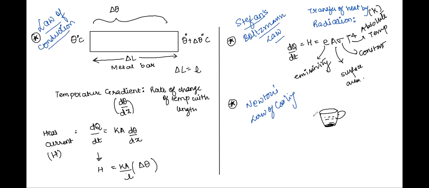In winters, you will see that a cup of coffee or tea cools at a fast rate, whereas in summers, this cup of coffee will cool at a slower rate.